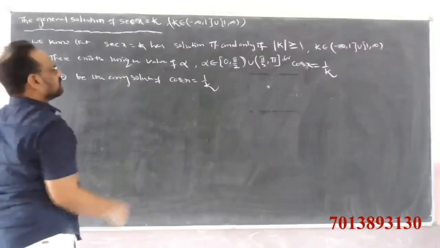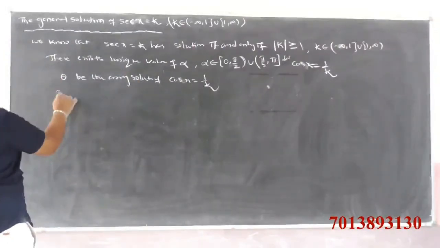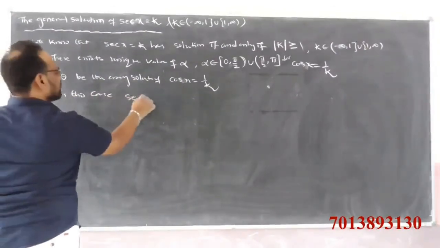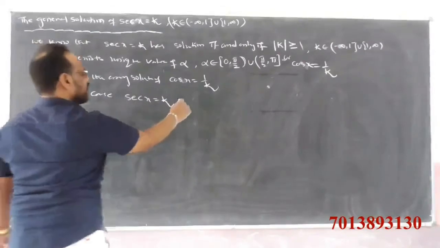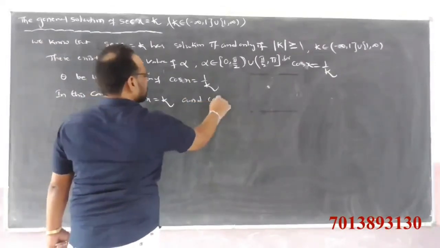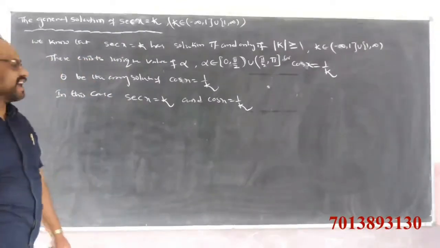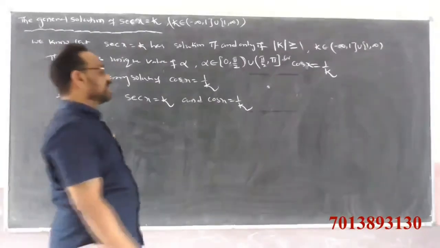In this case, secant x equals k and cos x equals 1 by k have the same solutions.